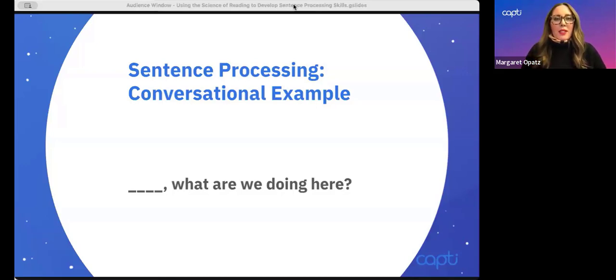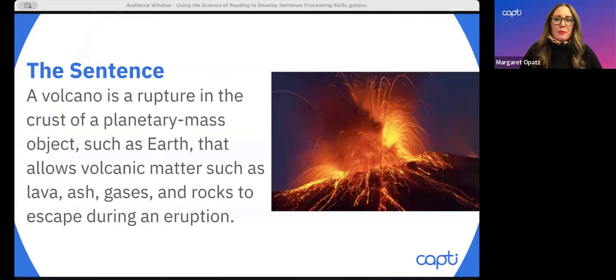So that makes sentence processing a little bit more difficult when we get into simply text-based comprehension and sentence processing skills. So I'm going to go to the next slide, and this next slide isn't specifically focused on discourse markers, but what I want you to do is just take a few seconds and read the sentence that's on the slide.